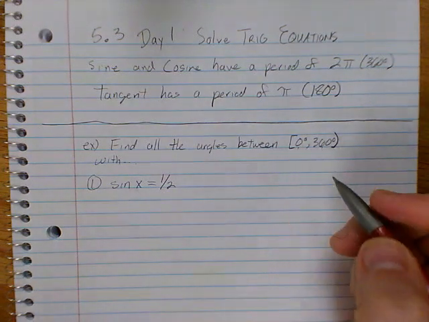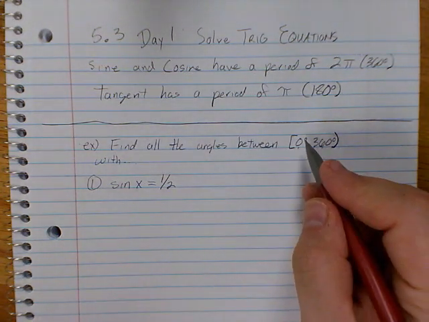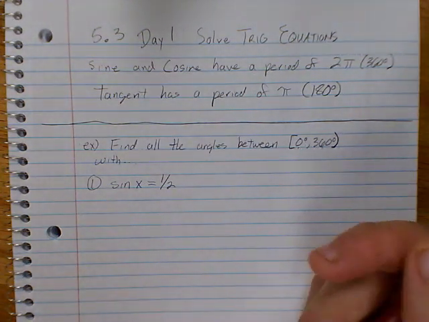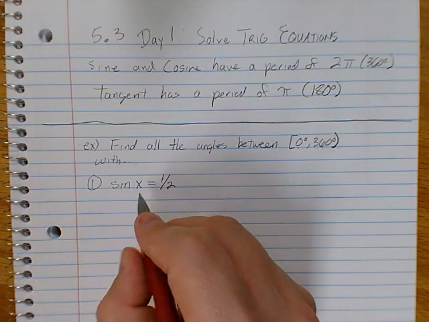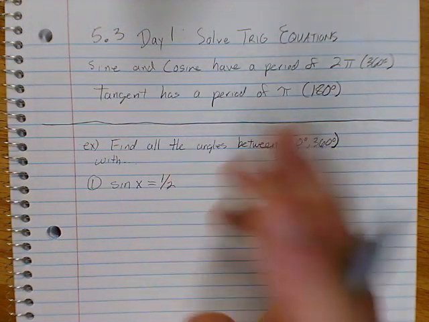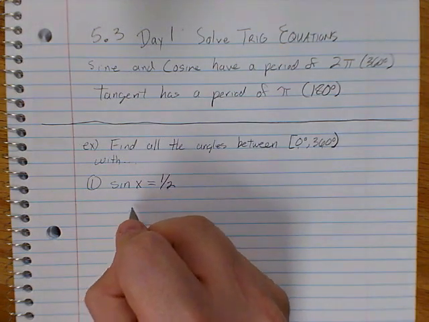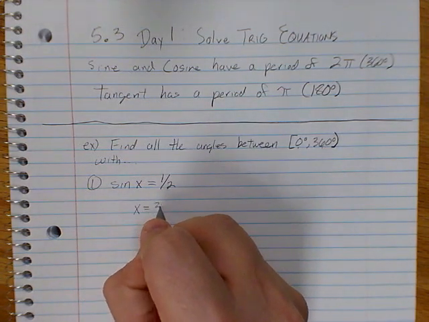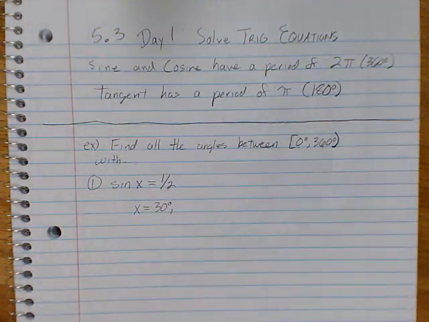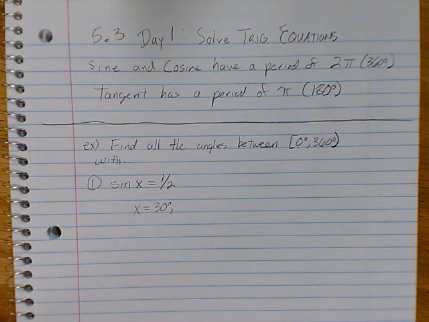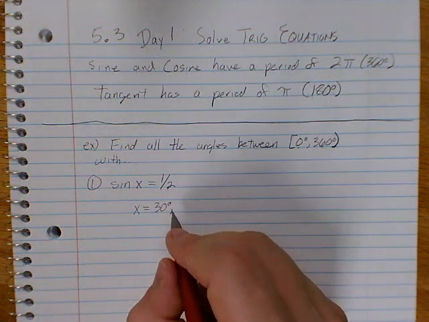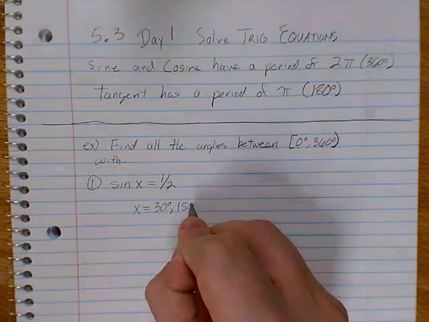Since 0 and 360 have the same values, we're not going to use both of them. So the first angle that has a sine of 1/2, if you're looking at your unit circle, would be 30 degrees. So for your final answers, you have x is equal to 30 degrees, but there is one more angle on the unit circle that has a sine of 1/2, and that other angle would be 150 degrees.